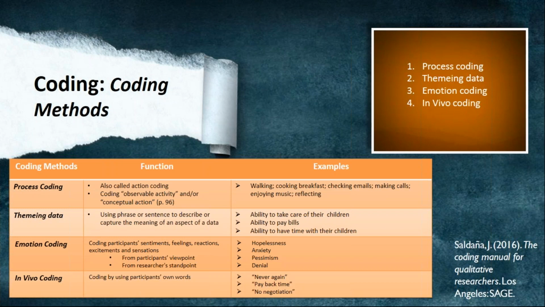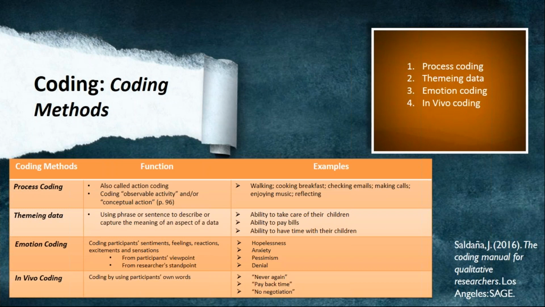And you can also use NVivo coding. NVivo coding is to use the participant's own words to develop the code. So if the person says, never again, I'm not going to do this anymore, you can use never again as a code. So NVivo coding.